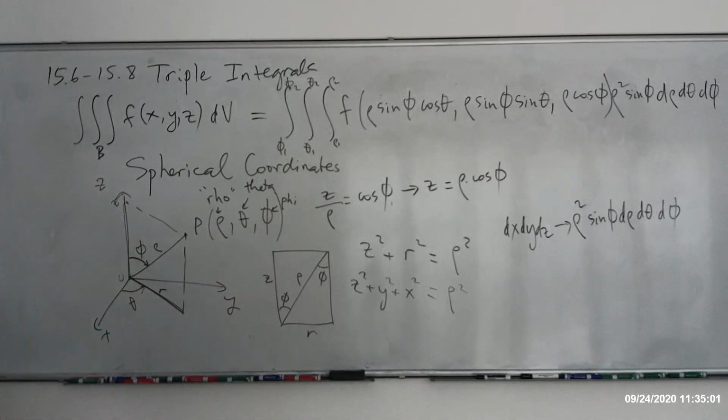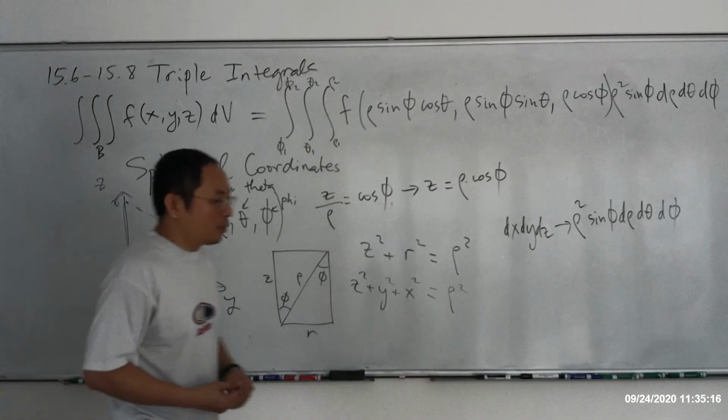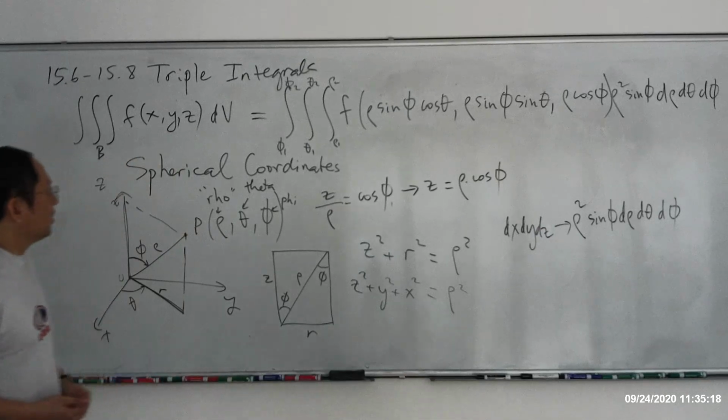I claim in many problems it's going to be a lot quicker. Again, it depends on the shape of the box that you have. Is there a lot of angle? Is there a lot of straight edge? You choose the appropriate coordinate system to solve.